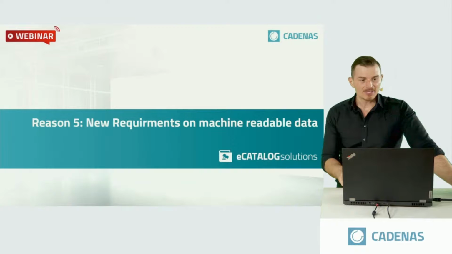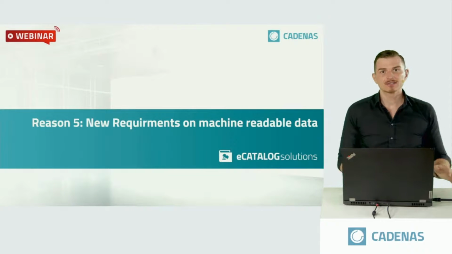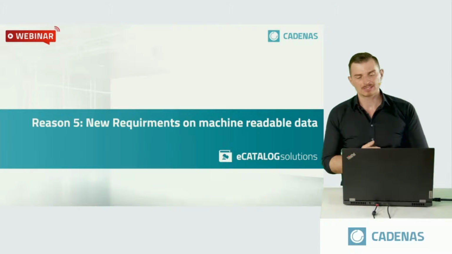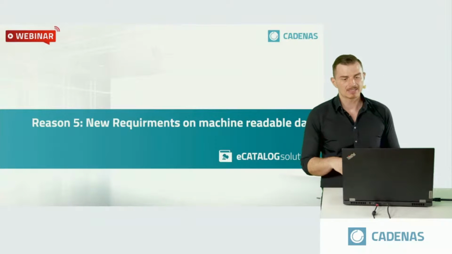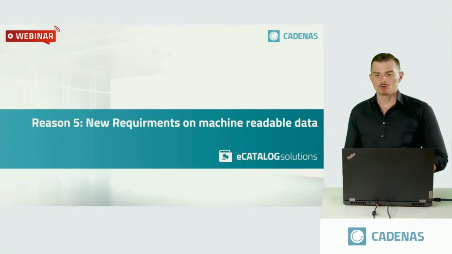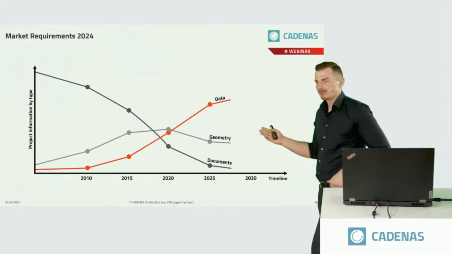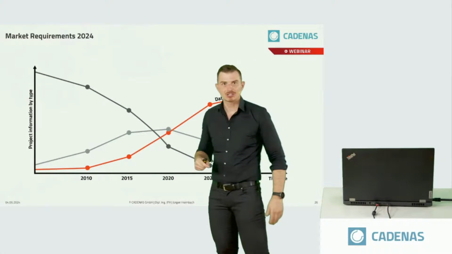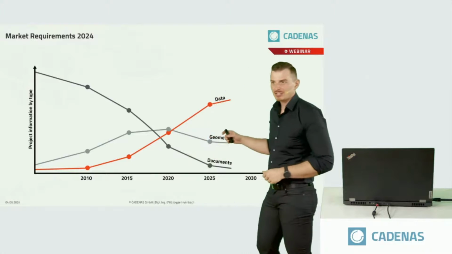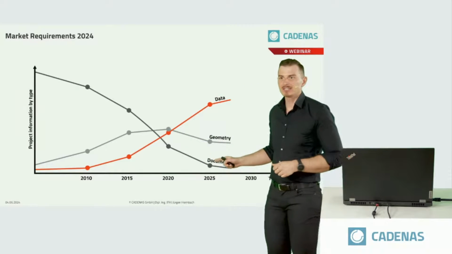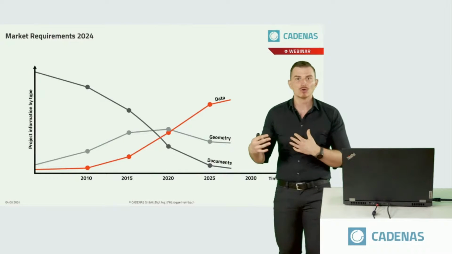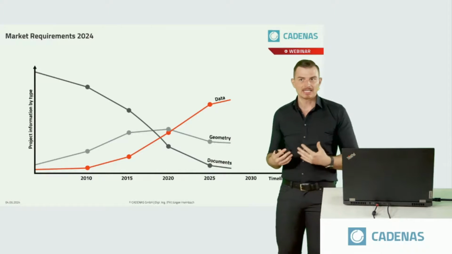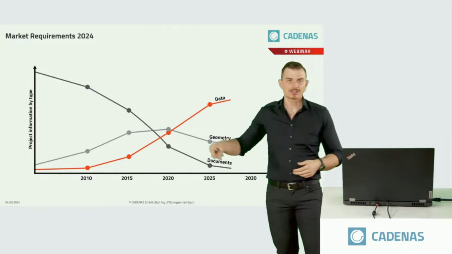Coming to the last reason, last but not least, because it's coming more and more up, is that there are new requirements on machine readable data. Here we have a chart, for example, from the architectural field. In architecture, in the past years, it was very normal to hand out documents like big planning books and documentation, and the planner was very happy with that in the 2000s.